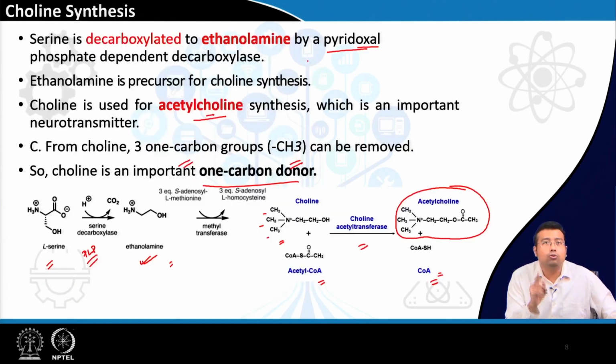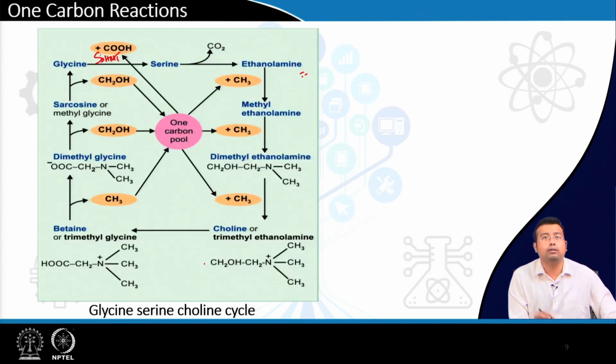I already told you who is the methyl group donor, S-adenosyl methionine. Remember, SAM, activated methionine, is the most common methyl donor. So, 3 methyl groups can be donated to ethanolamine. First it forms methyl, second dimethyl, third trimethyl, which is nothing but choline.